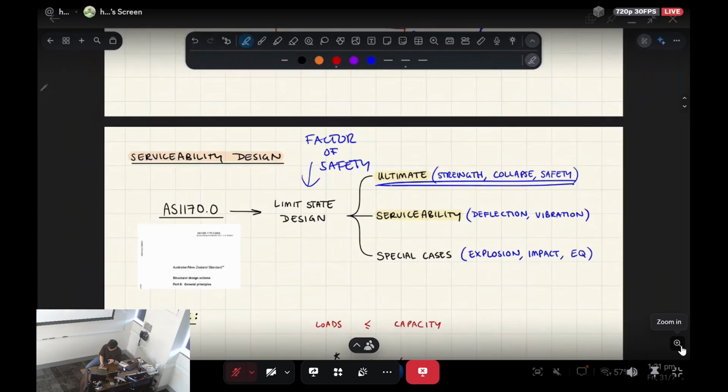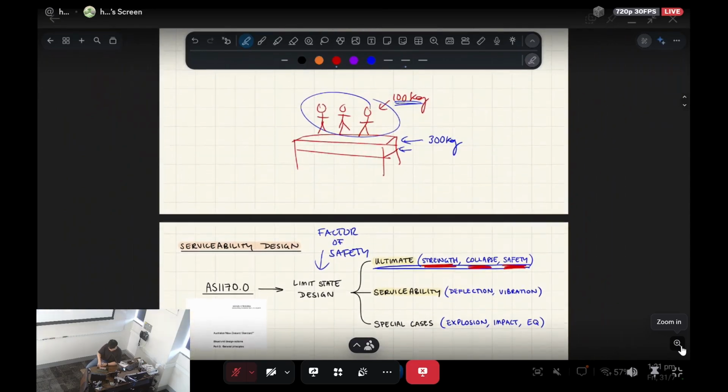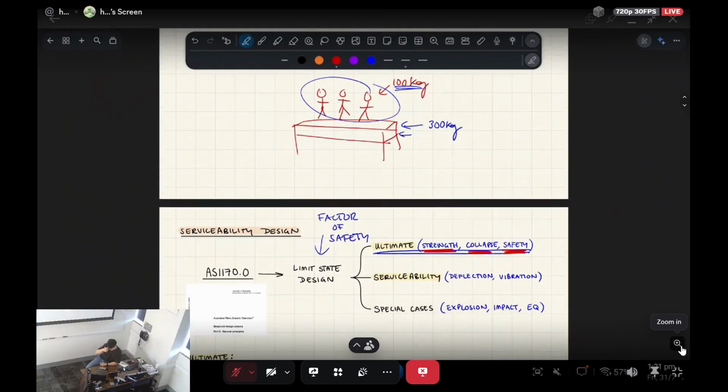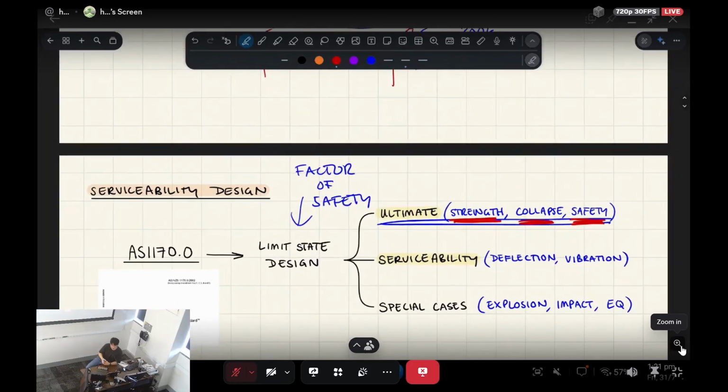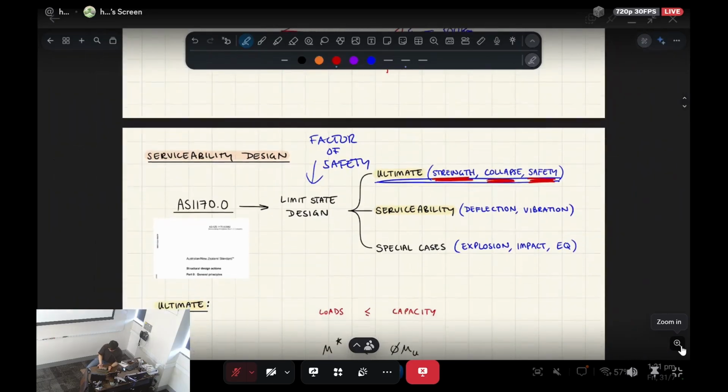Ultimate limit state design is also called strength-based design, or safety, or preventing collapse. You should be pretty familiar with this now because that's what we've been doing in weeks 5 through to 8, where we're comparing the ultimate capacity of something. In other words, how strong it is in the worst case scenario, basically, right?